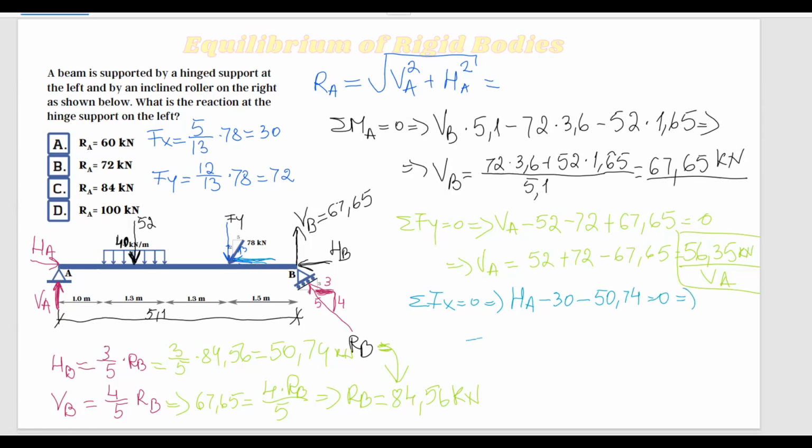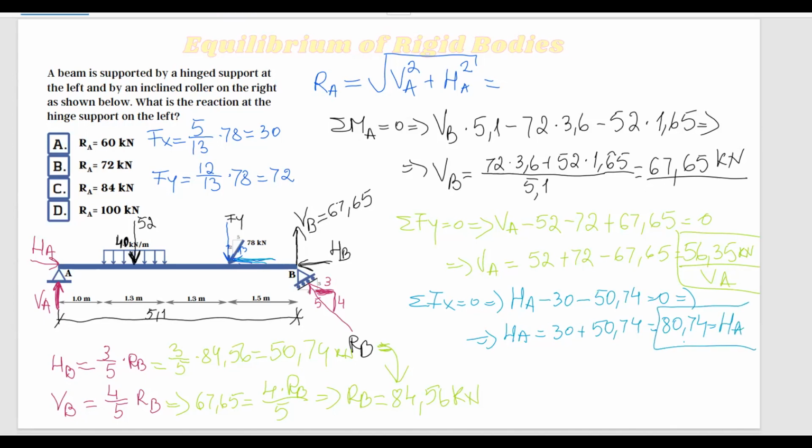From this equation, HA is equal to 30 plus 50.74, which equals 80.74. And this is HA.